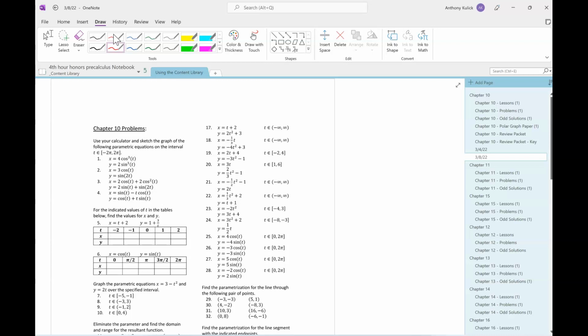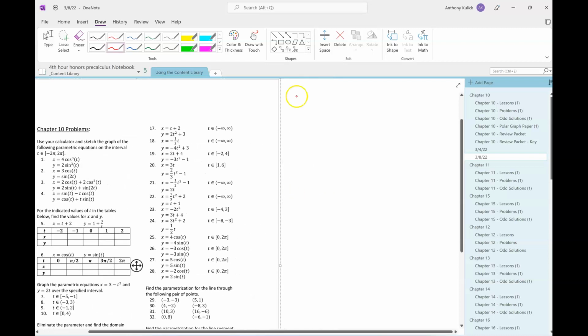17, sure. So this one is actually not so bad because the interval for the parameter is pretty nice for us.